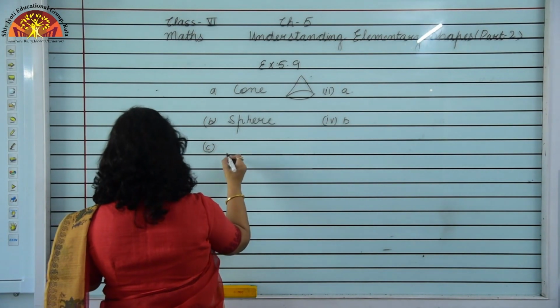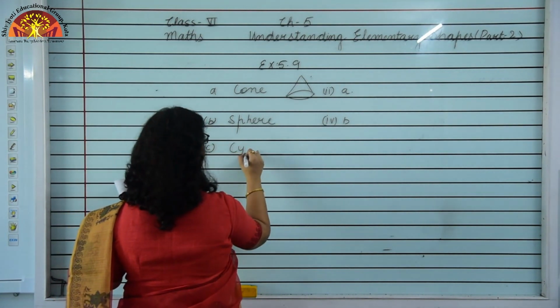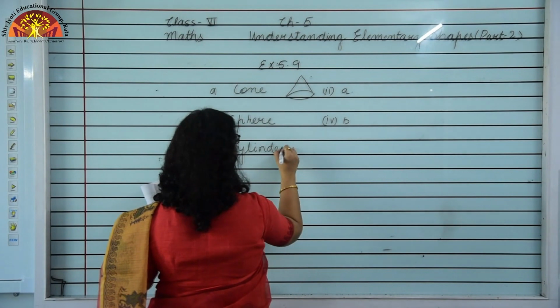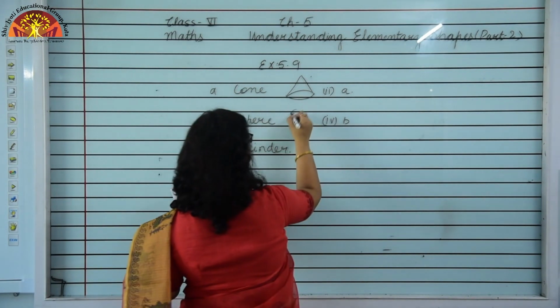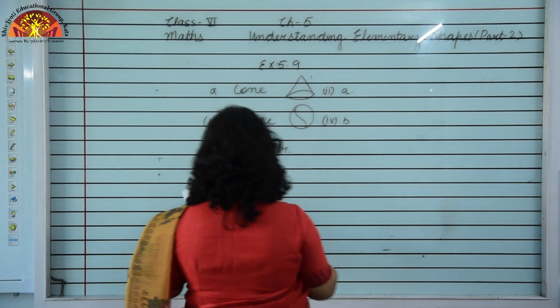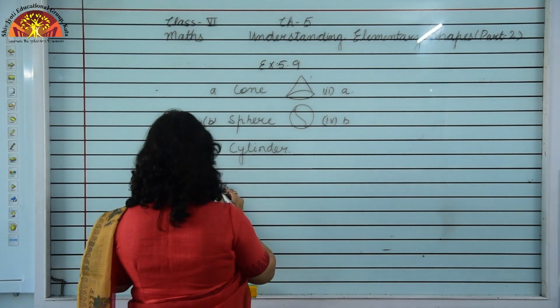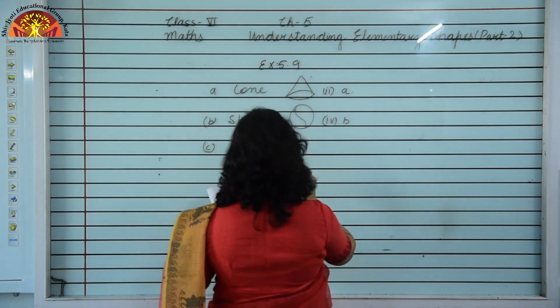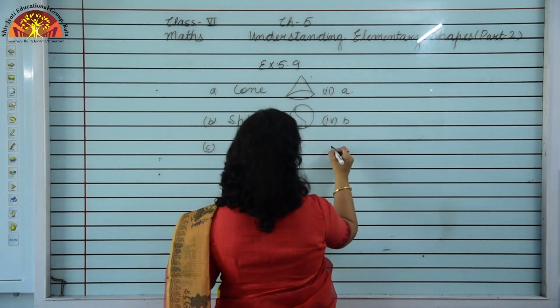C is cylinder. स्फीयर शेप कैसा होगा आपका? सर्कल शेप, इस तरह से. नाउ थर्ड इज सिलेंडर. सिलेंडर कौन सा वाला है आपका? फिफ्थ.